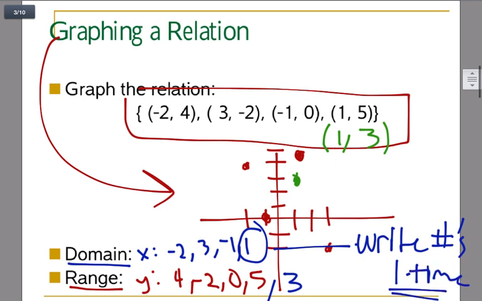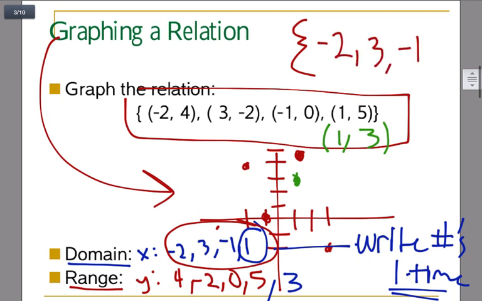Okay, so that's how you write the domain and the range. Now usually they use brackets here, by the way, so I would have put brackets around that. That was a terrible bracket. Let's try it again. -2, 3, -1, 1, and then we would have closed brackets. Generally, that's how you end up writing your domain, with brackets around it.